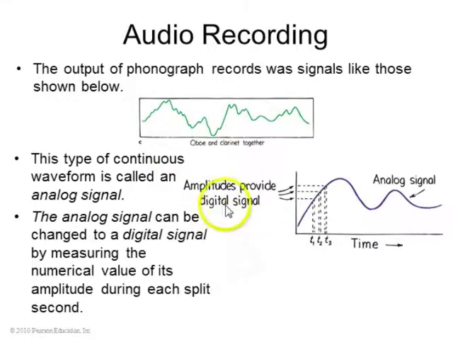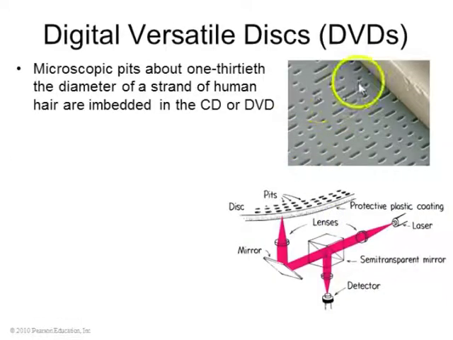So digital sound is when you take this plot of pressure versus time and turn it into numbers. Each number describes the amplitude at a particular instant of time. And we can record all those many, many numbers on the surface of a DVD or a CD.